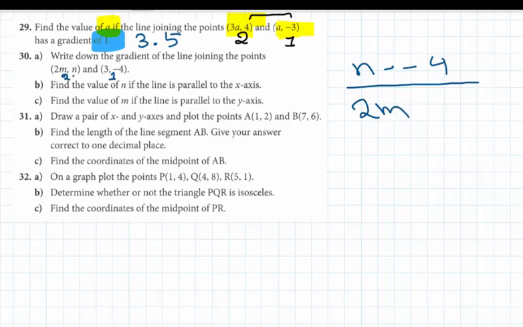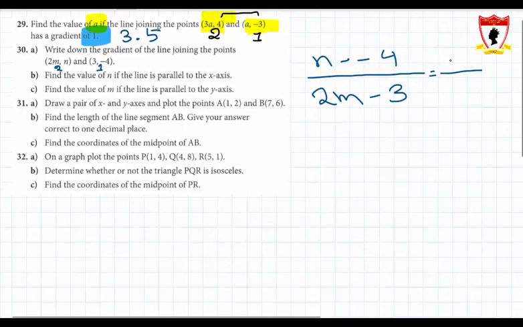Since these are variables, it's better to consider them as x2, y2 because we don't see negative n or negative 2m. It looks easier, otherwise it gives the exact same result. n minus minus 4 is n plus 4 over 2m minus 3. Okay, then this is the gradient, n plus 4 over 2m minus 3.